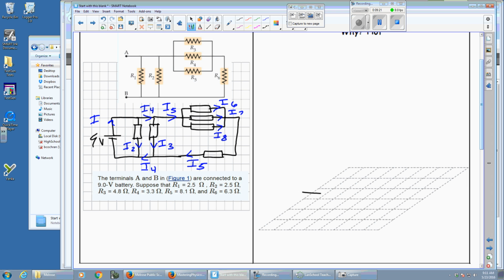So, let's see. I better do my plot. You guys like the hardest one to plot. You could do a little circuit reduction first.